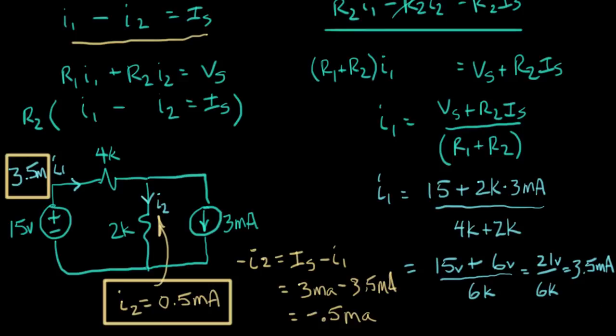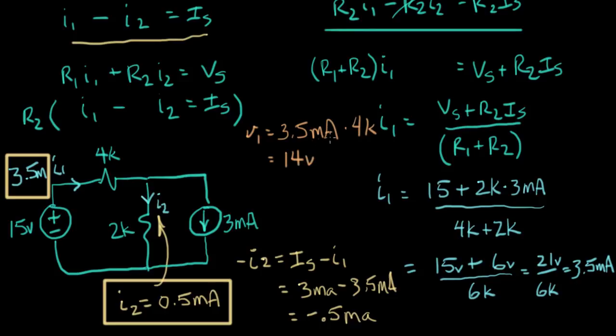And now let's finish up by figuring out the voltages. We can use Ohm's law to figure out the voltage across the 4K resistor, and that's V1. So V1 equals I, which is 3.5 milliamps times 4K ohms, and that equals 3.5 times 4 is 14 volts.